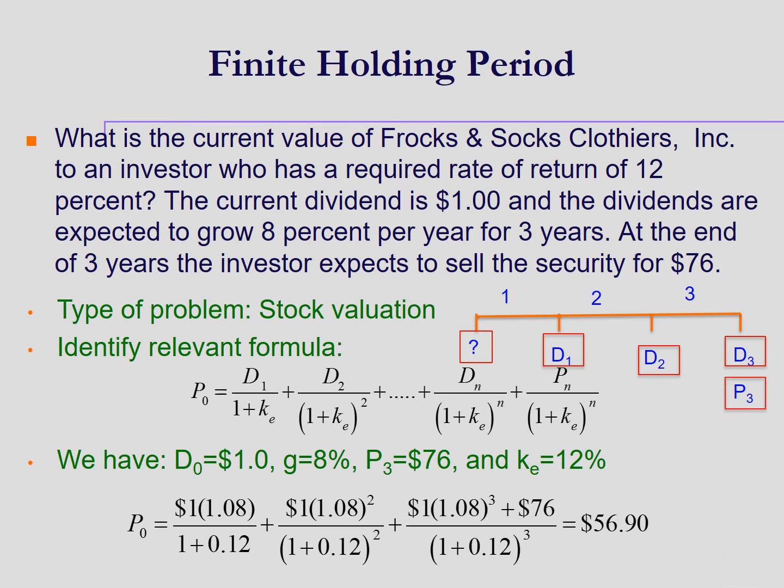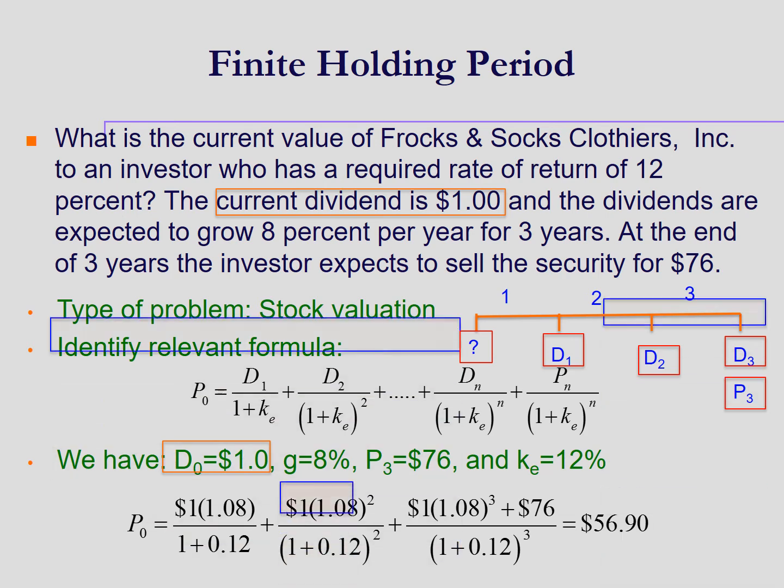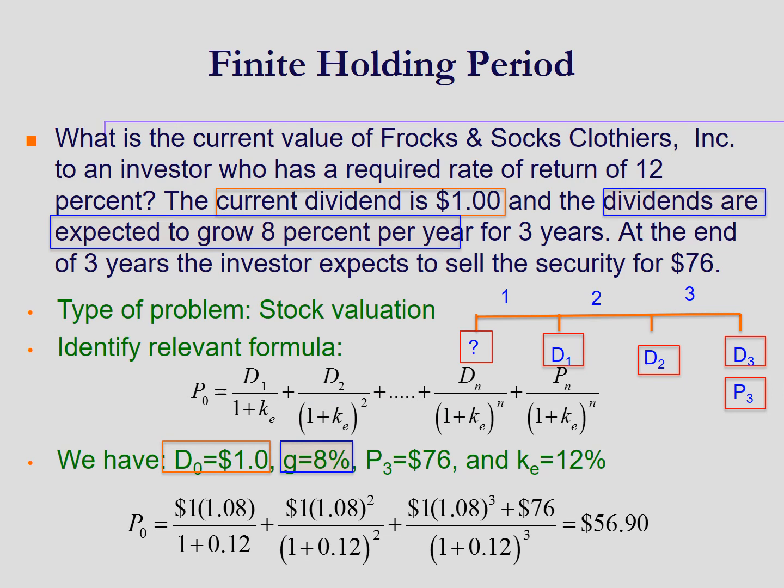We do not have the information for D1, D2, and D3, but we do have the information for the current dividend, D0, equal to $1, and the dividend growth rate, G, equal to 8%. We can apply the formula presented here to obtain D1, D2, and D3.